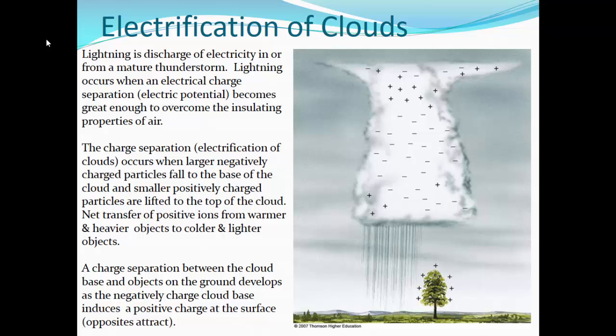When there's enough electrical potential difference between positive and negative, then there is a connection between the two, and there's a discharge, and that discharge is the lightning stroke. So the charge separation, or the electrification of clouds, occurs when larger negatively charged particles fall to the base of the cloud, and smaller positively charged particles are lifted to the top of the cloud by the updrafts.